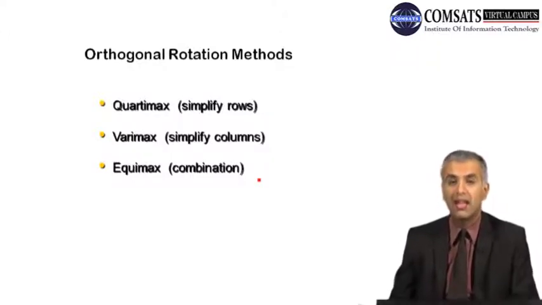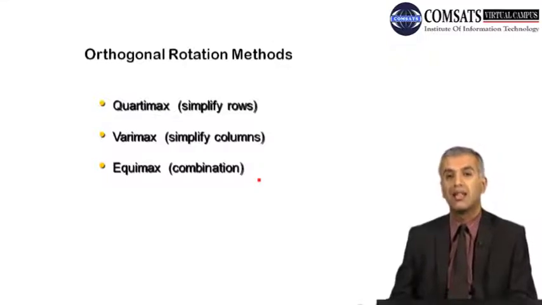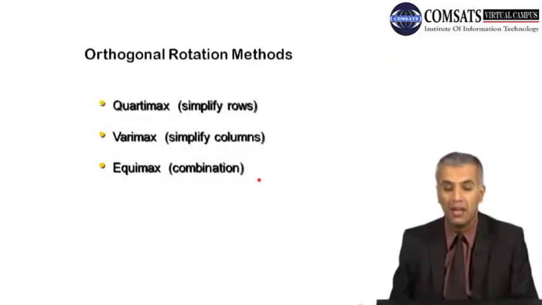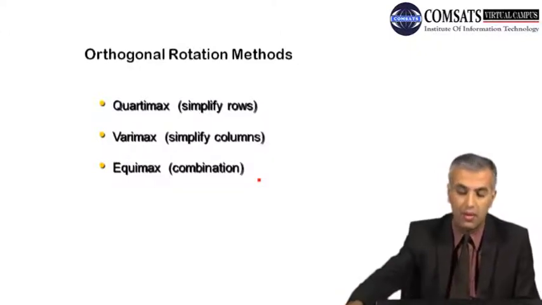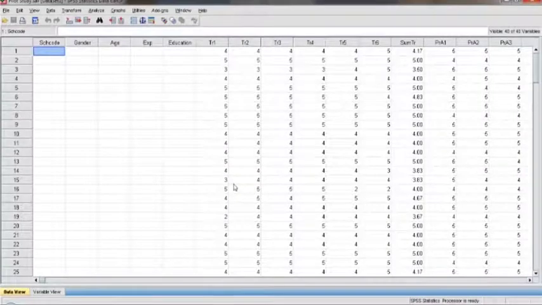Now let's have a look at a typical example, and in this case let's go to SPSS. Here we are taking a data set, the same one which we had discussed before, in which we were discussing a questionnaire related to the constructs of training, performance appraisal, and career planning.